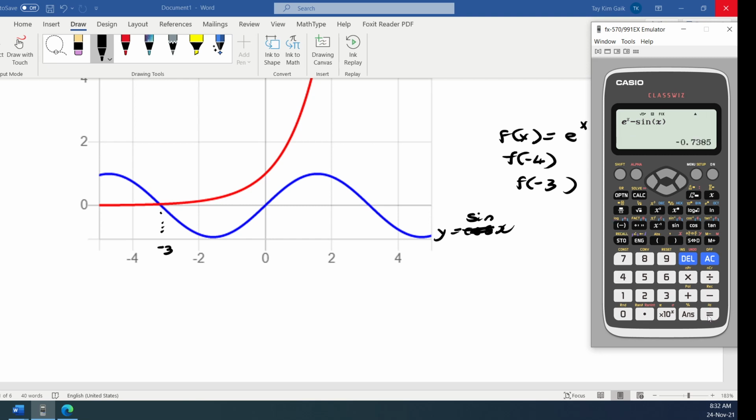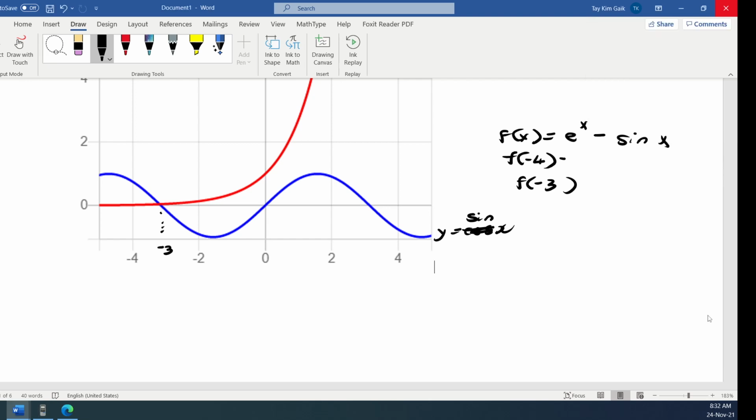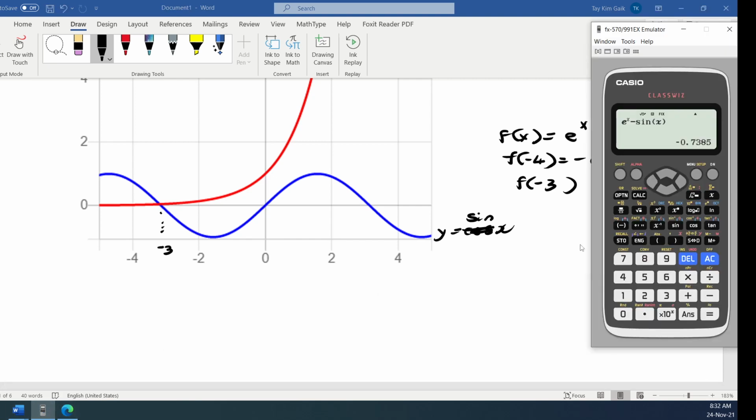So you have negative 0.7385. And then calculate again for x is -3. So you get positive 0.1909.